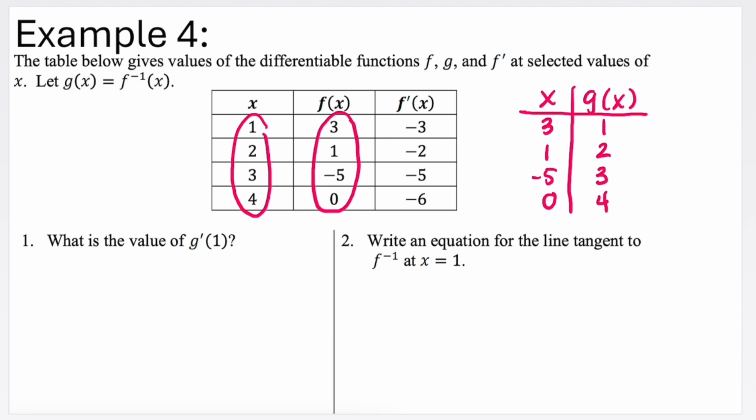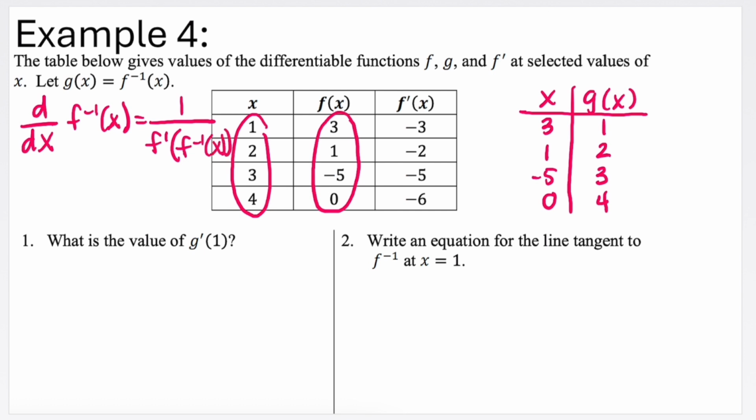From the previous page, the derivative of f inverse of x is equal to 1 over f prime of f inverse of x.